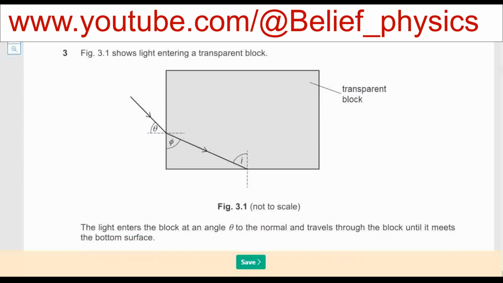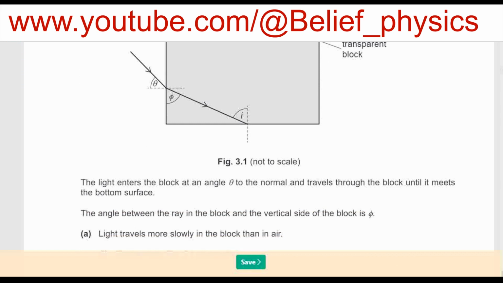So when light enters from a lighter medium to a denser medium, the rays of light bend towards the normal. When it bends towards the normal, it means the medium is denser. So in a denser medium, the light will travel slowly as compared to the lighter medium.